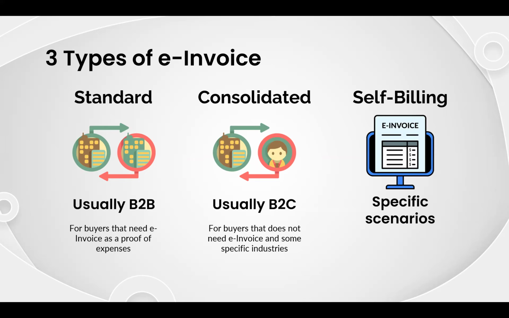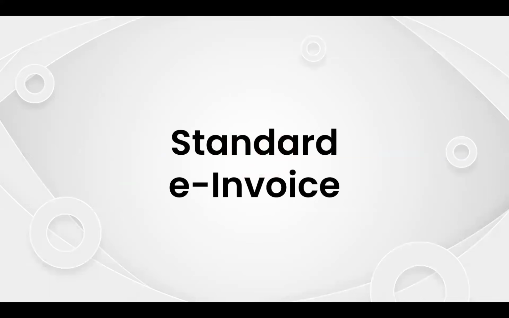This is under special scenarios, whether it's an overseas company or a government body which does not provide e-invoice, or a non-business entity. That means they are a person, for example renting premises to you. So you need to self-bill yourself in order to get the proof of expense.